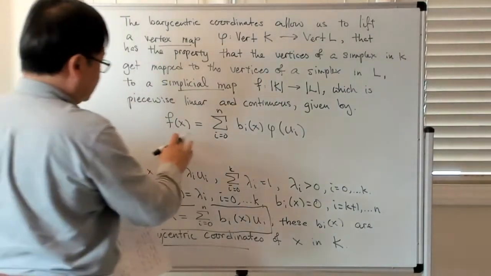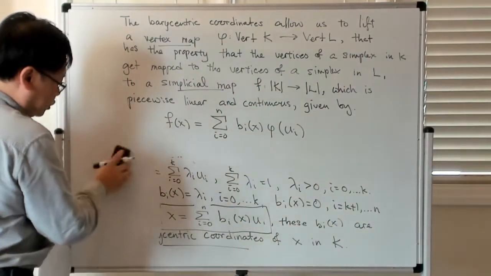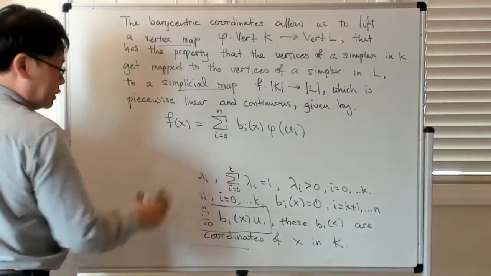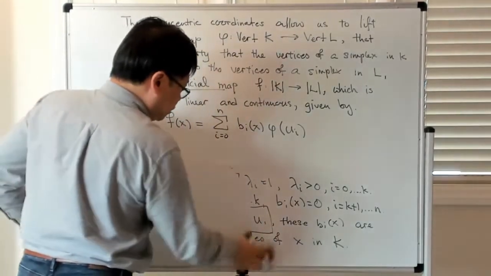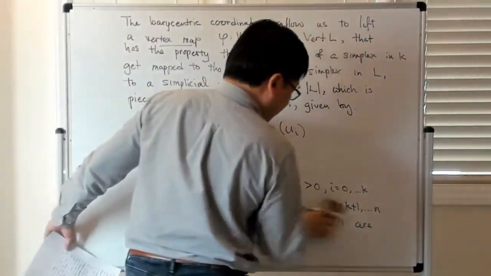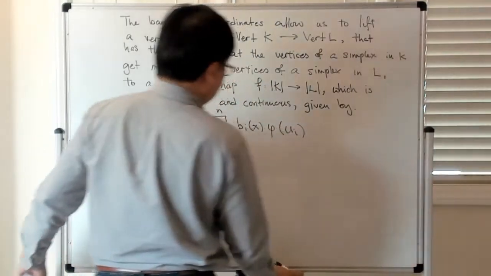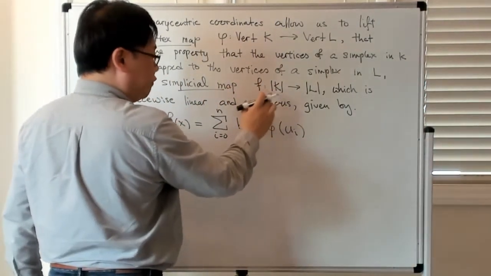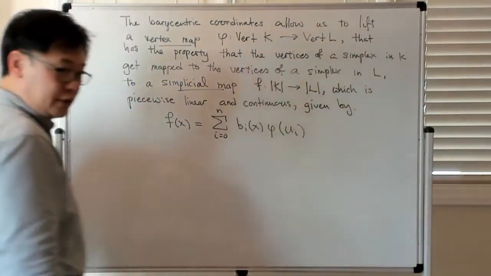Okay, so basically what you have now is something which is linear when restricted to each of the simplices. So in light of that fact, we oftentimes refer to it as a map f from K to L as opposed to the underlying space.